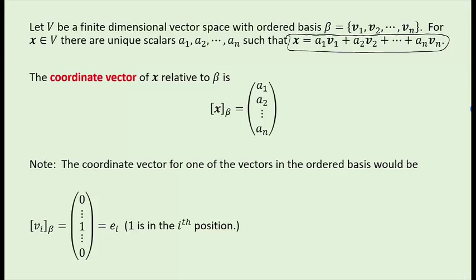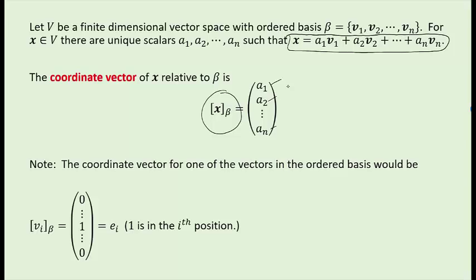The only difference here is that they're in some order. The coordinate vector of x is just the vector of coordinates: the coordinate of v1, the coordinate of v2, and down to the coordinate of vn. And notice how we write that. The coordinate vector of some vector in V is the coordinates with respect to the ordered basis that you're using.